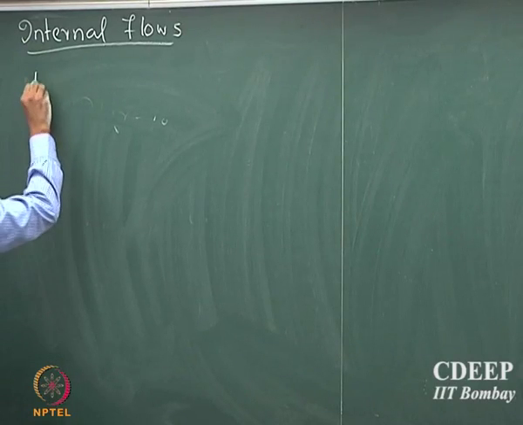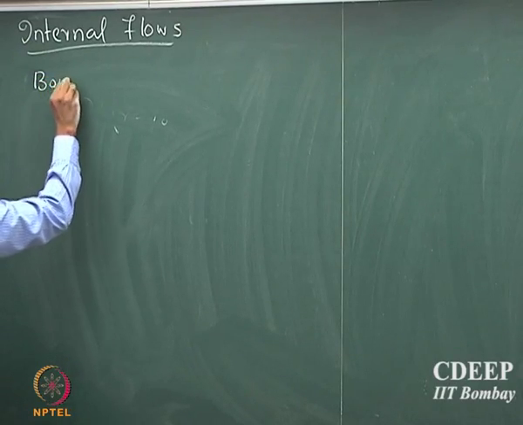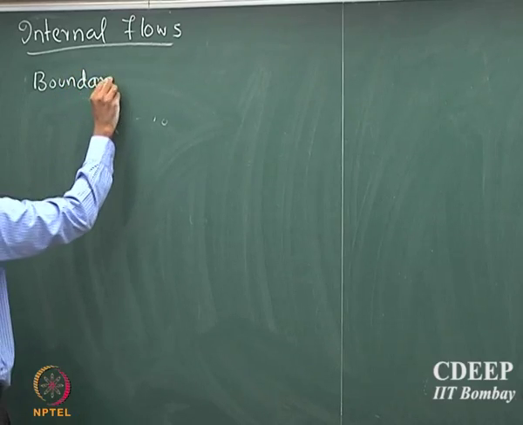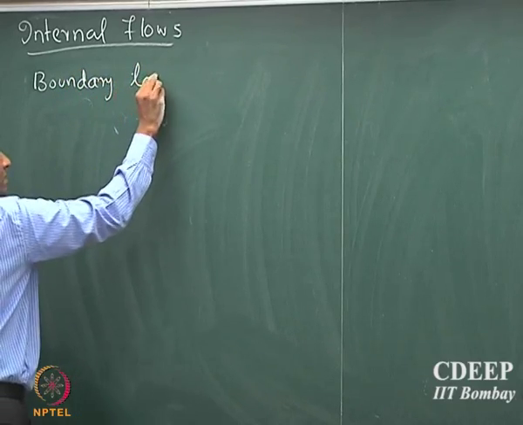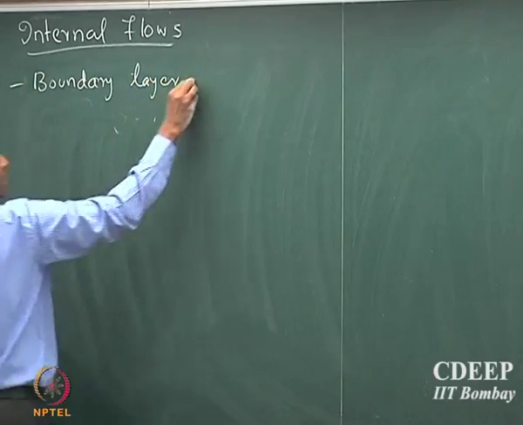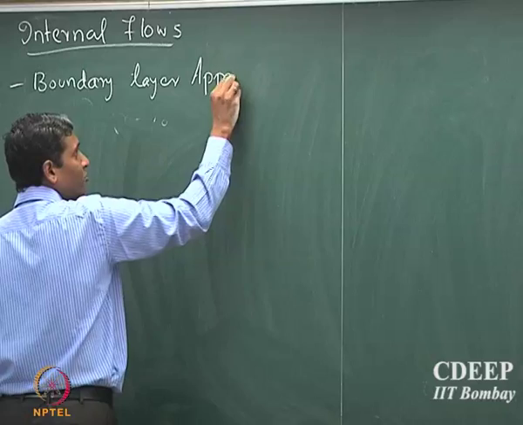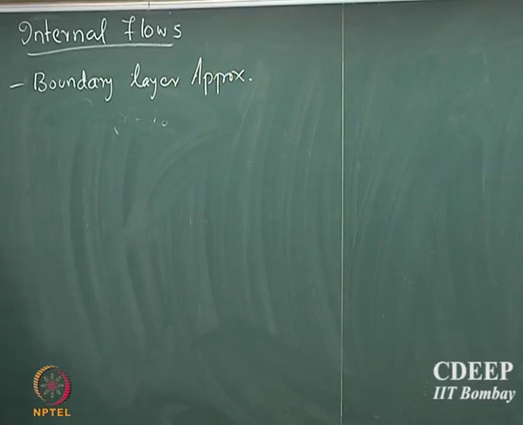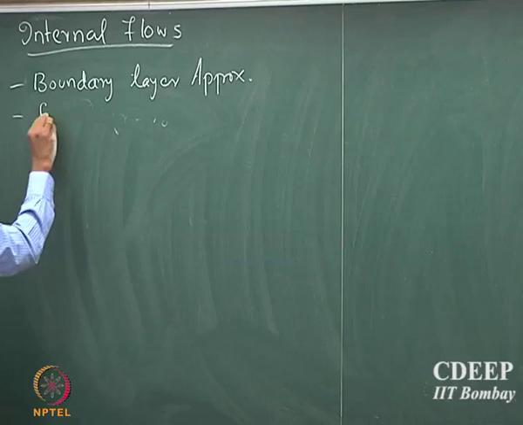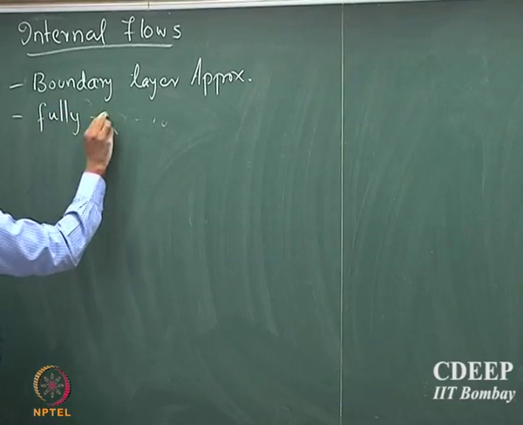Suppose we assume that the boundary layer approximations are valid for the fluid flowing through the tube, and we assume that it is in the fully developed regime.